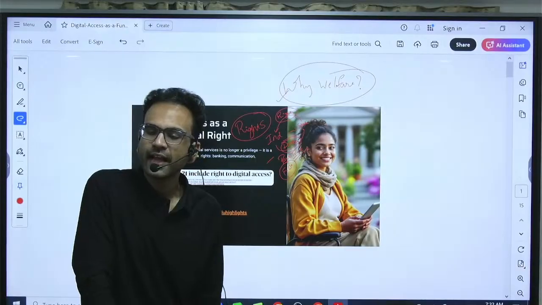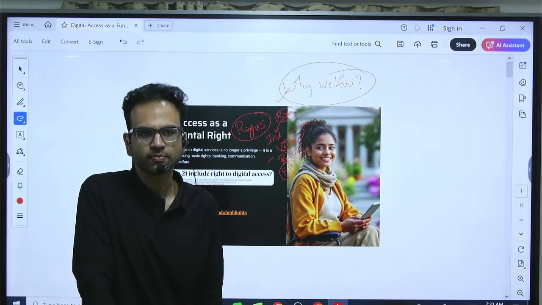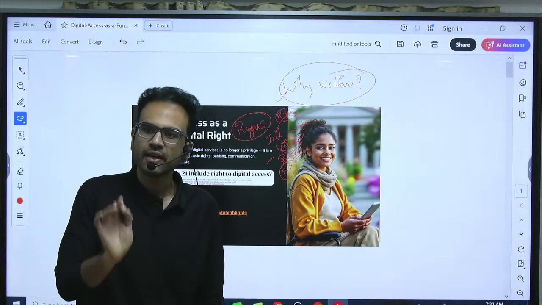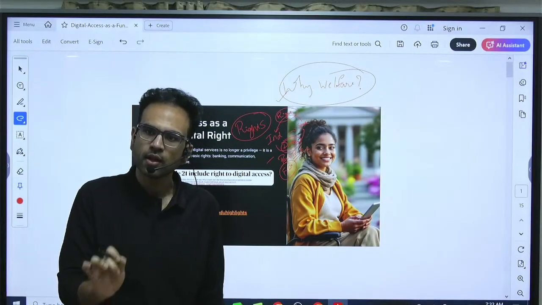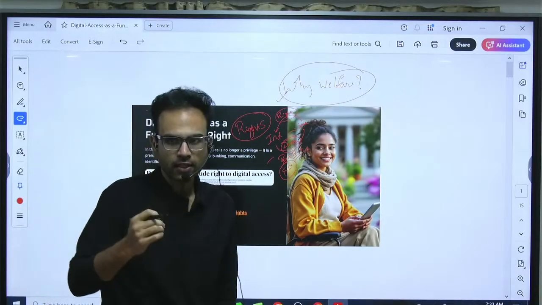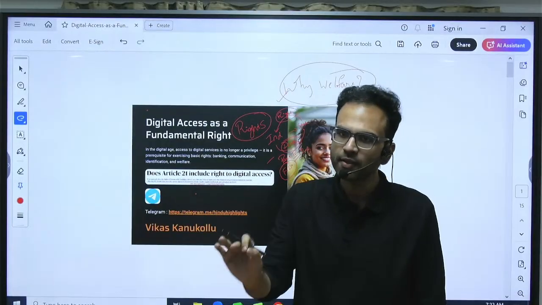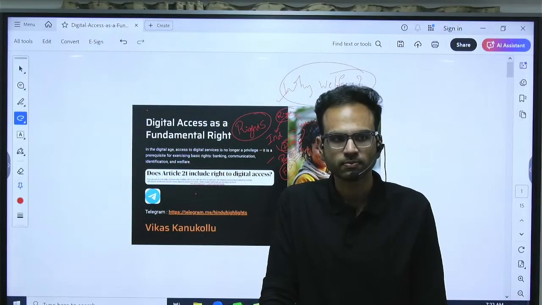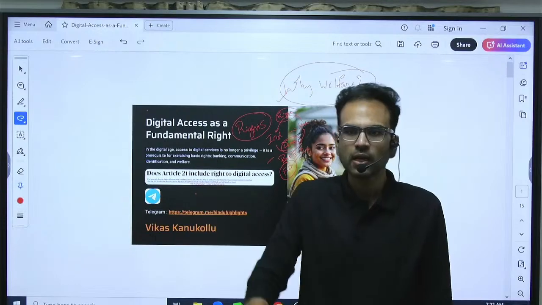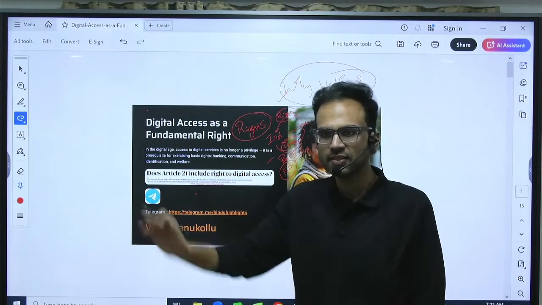Okay, there can be many disadvantaged sections. For each disadvantage, the policy measure should be different. So the intent of welfare is to address that specific problem. Now, what are the problems of this section?